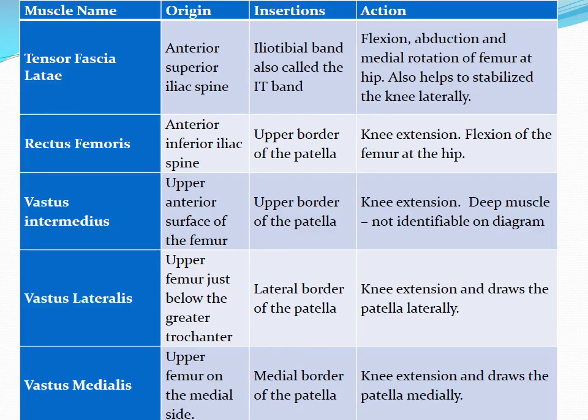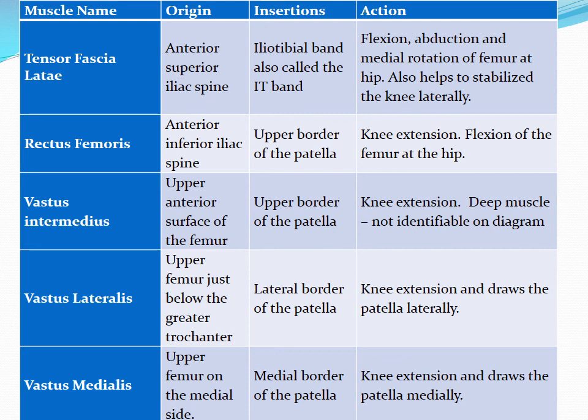So the tensor fascia lata starts at the anterior superior iliac spine. So think of your iliac crest. You could actually feel that at the front. It's that bony prominence that sticks out. It inserts into your iliotibial band, or your IT band. It will help with flexion of the femur, abduction, as well as medial rotation.